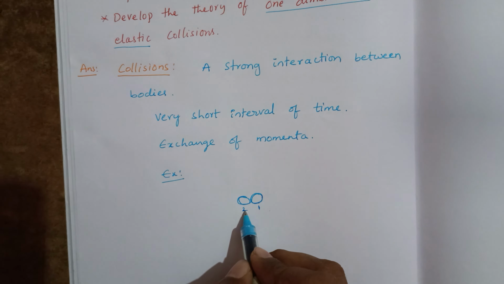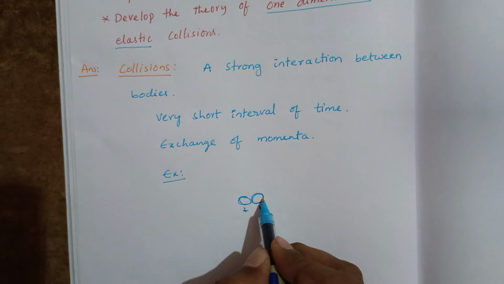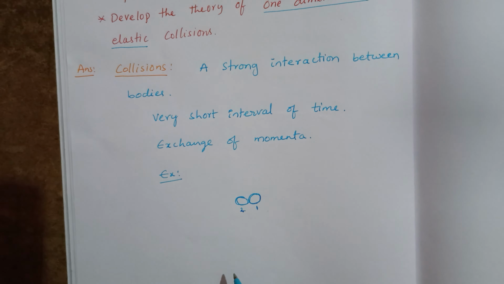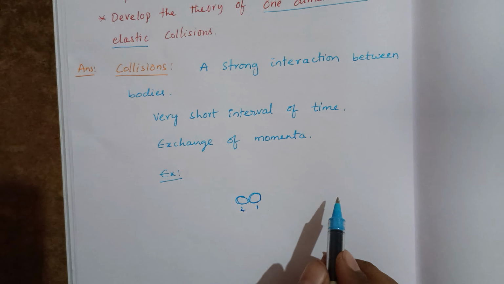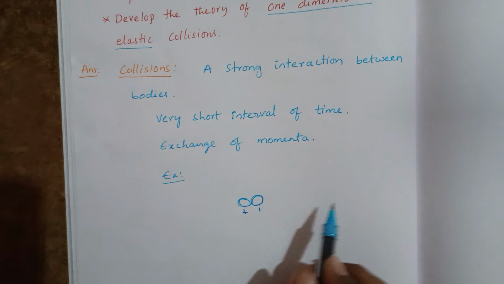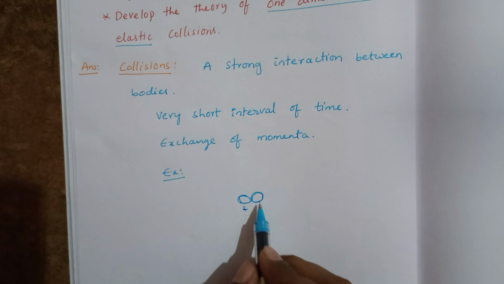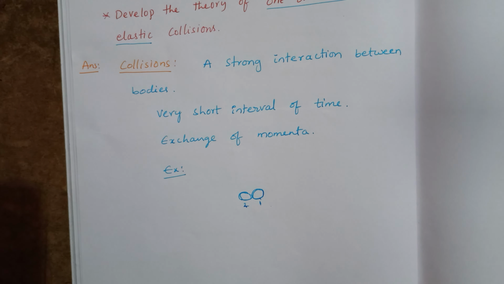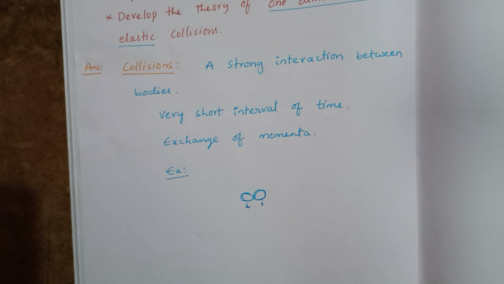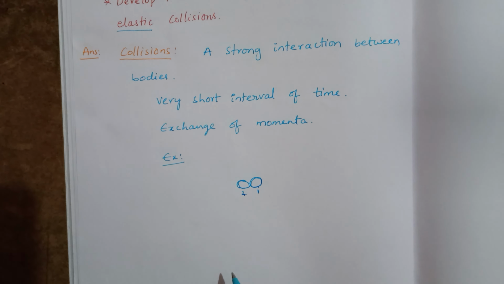Now the second ball may come to rest and the first ball starts moving, or both are moving with some speed. So here momentum is transferred from the second ball to the first ball.